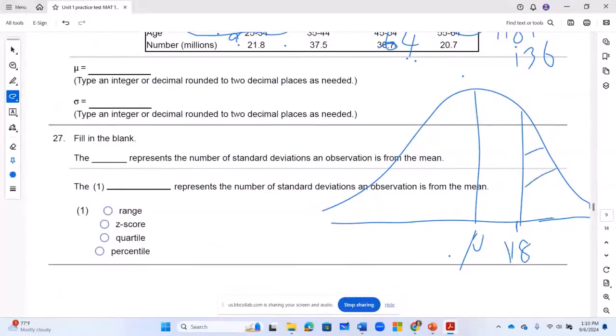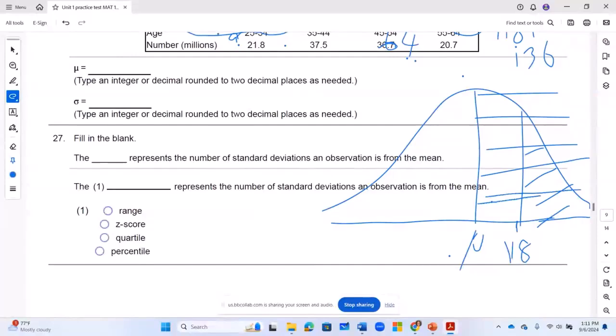And this question says, what percentage has 118 or above? So I already know that the total of this is 50%. Okay, and here I have half of 95.